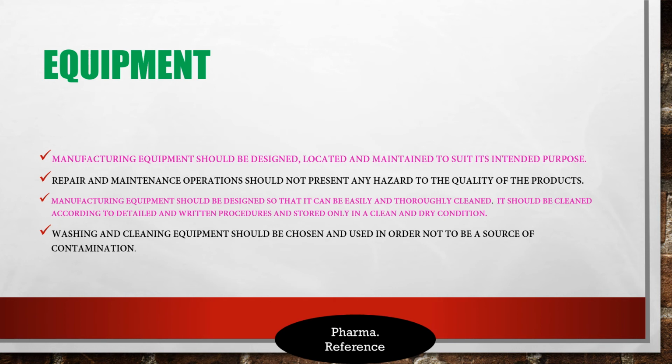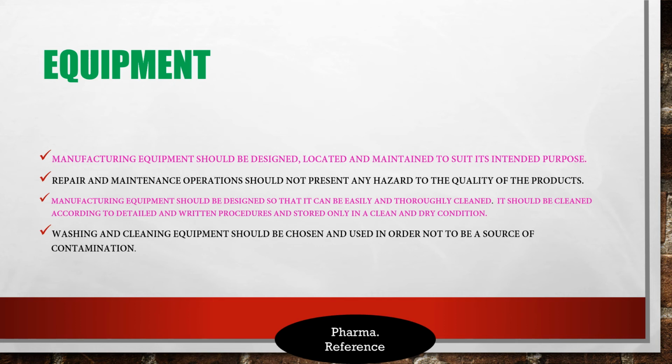Equipment. Manufacturing equipment should be designed, located, and maintained to suit its intended purpose. Repair and maintenance operations should not present any hazard to the quality of the products. Manufacturing equipment should be designed so that it can be easily and thoroughly cleaned.